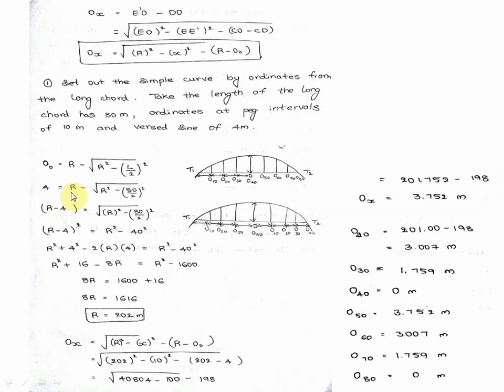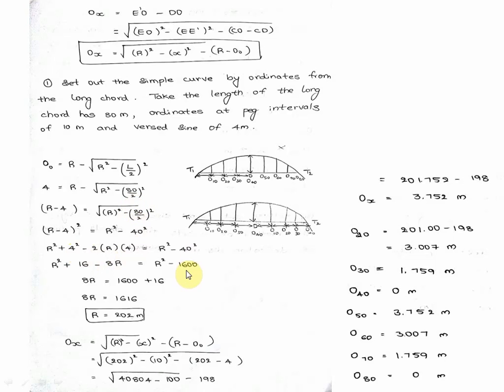Next you will get R minus 4 equals root of R square minus 80 by 2 whole square. Bring this 4 to this side, so R minus 4 whole square equals R square minus 40 square, as the root becomes a square. Apply the A minus B whole square formula: R square plus 4 square minus 2 into R into 4, that is A square plus B square minus 2AB, correct?